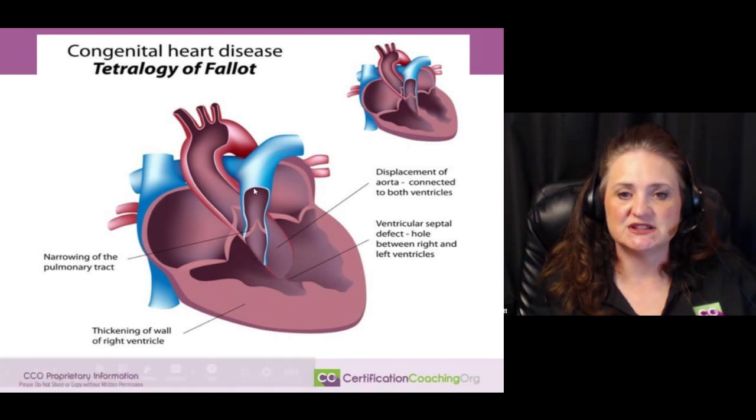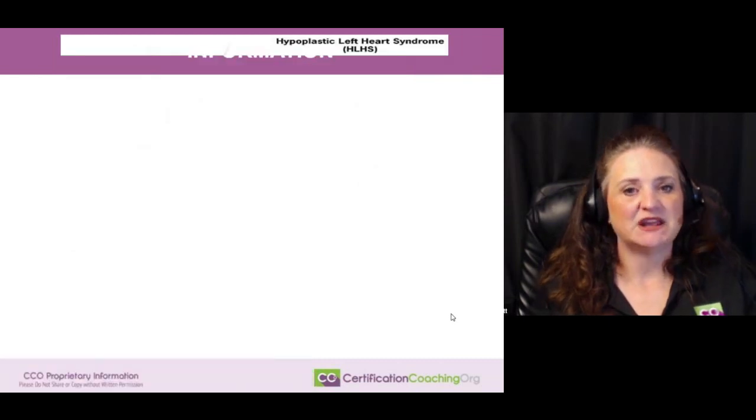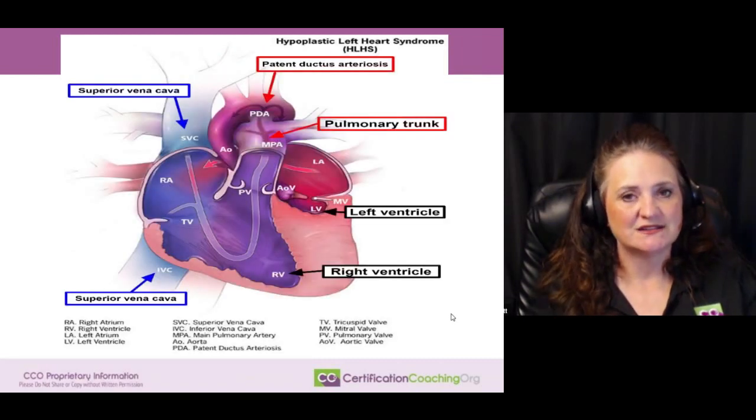So this vessel right here has got a stricture, and when it has a stricture, that means the valve can't work properly. We have a hole between the two ventricles, and we have the aorta being attached down here low instead of up here high. So it causes a lot of problems, but it can be fixed with surgery.